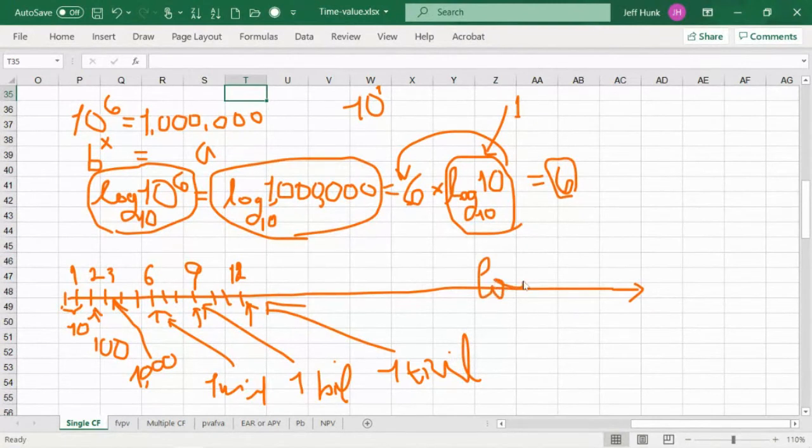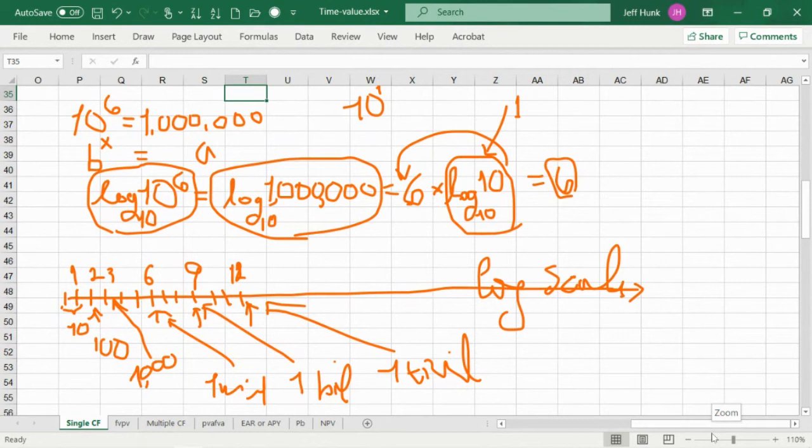On a logarithmic scale, this is how convenient it is. An extremely large number can be condensed.